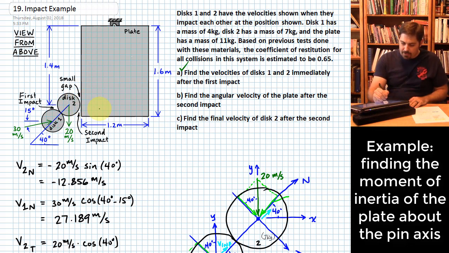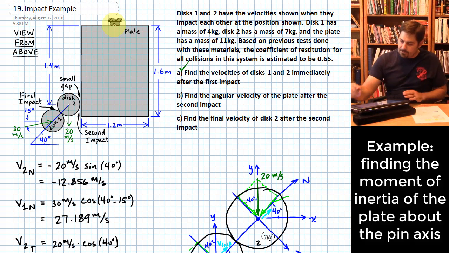The next part is very interesting because we're going to deal with the impact of disk 2 with the plate. Now in order for us to really do this, as I mentioned a minute ago, we need to handle this with a conservation of angular momentum around the pin that's holding this plate. To get that, one of the parameters we're going to need is the moment of inertia for the plate around the pin.